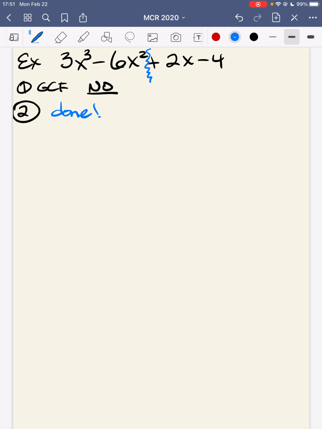Okay, third step is I need to find a GCF for the first two terms. My first two terms are 3x to the third minus 6x squared, and I need my GCF. These have in common a 3 and a 6, so I could divide out from both of these terms a 3.